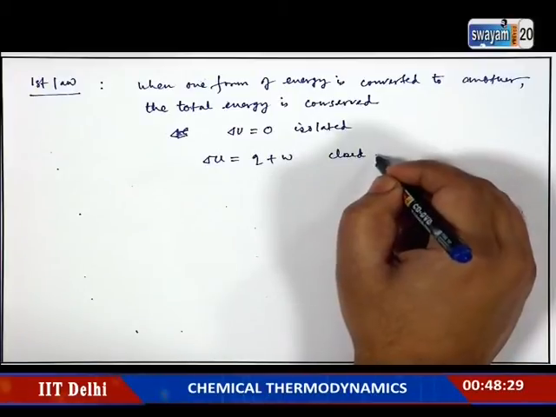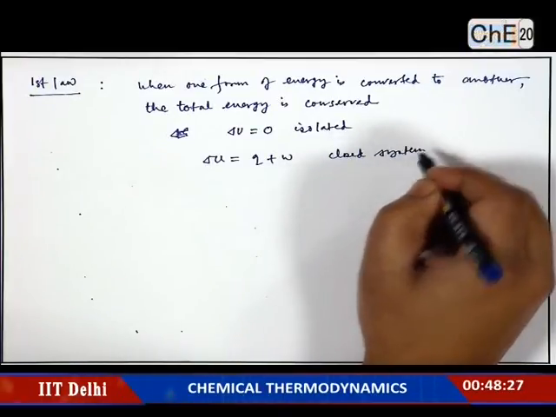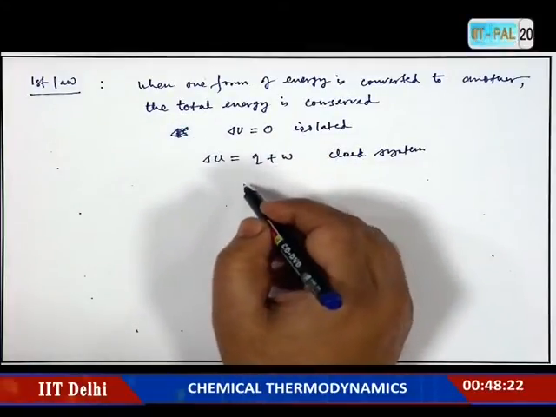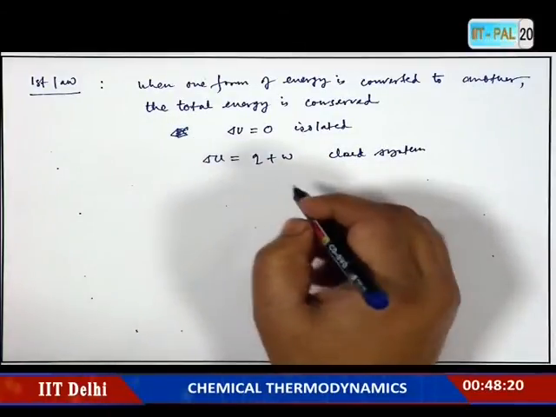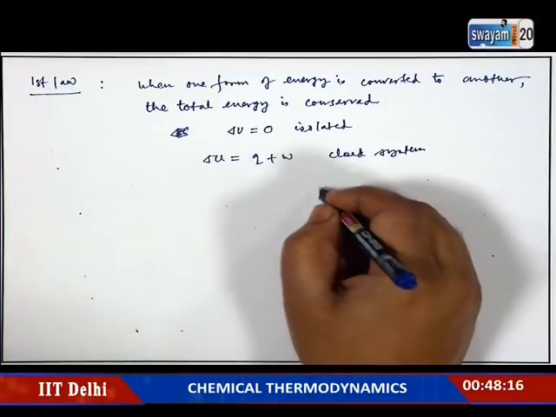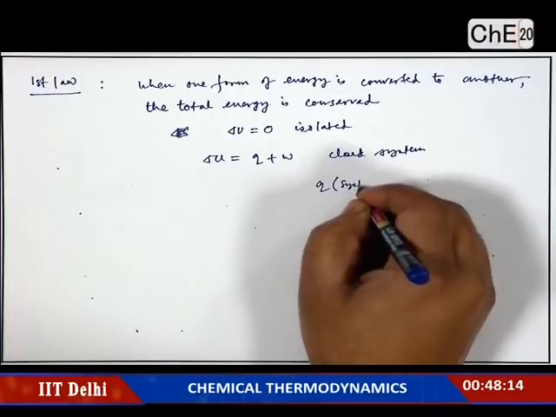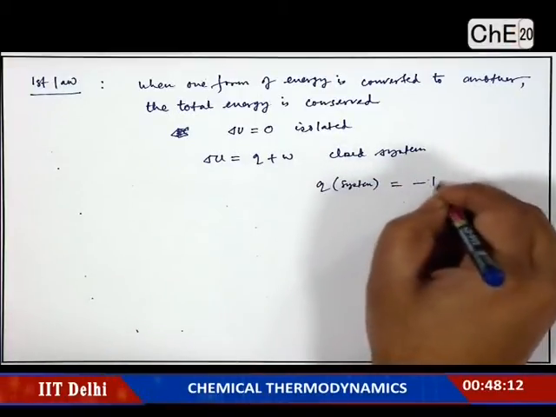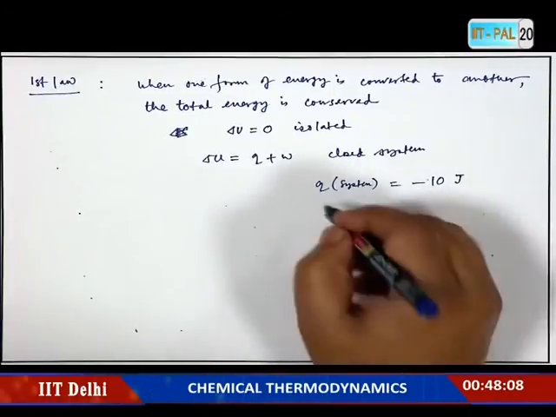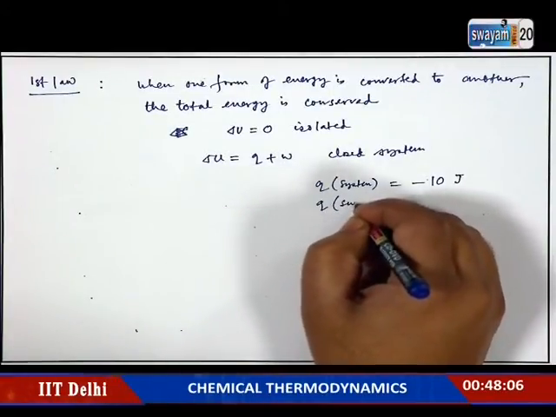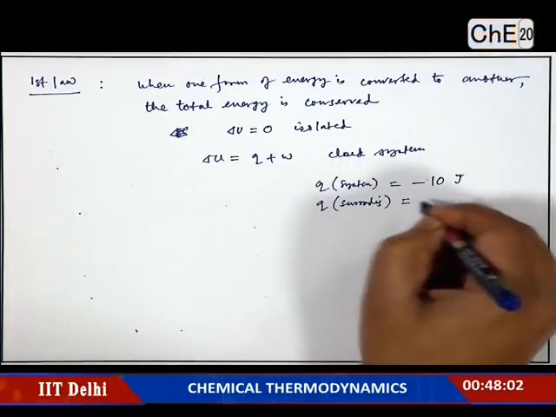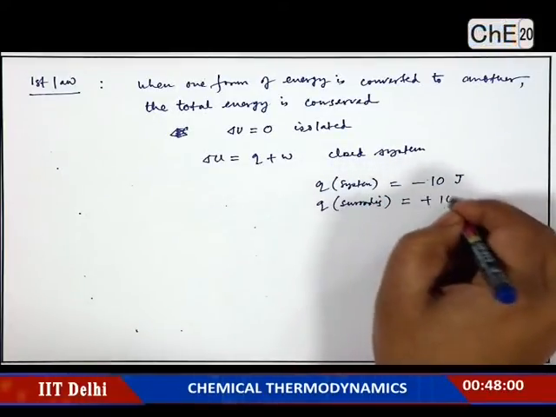Now, what it means is that if the system is losing some energy, say for example, 10 joule of energy, then Q system I write as minus 10 joule because it is losing energy, and Q surroundings will absorb the same amount, so it will be plus 10 joule.